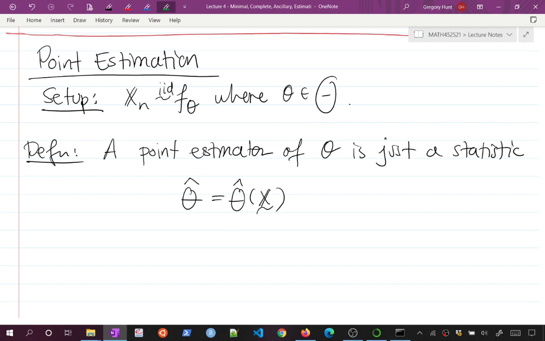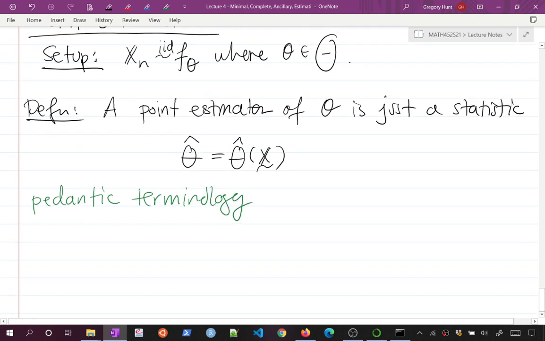There's some kind of pedantic terminology here which people don't actually follow, but I'll write it down because occasionally you run across it. Theta hat is a function. Typically it goes from R^n, the size of our sample, to some lower dimensional space R^d.